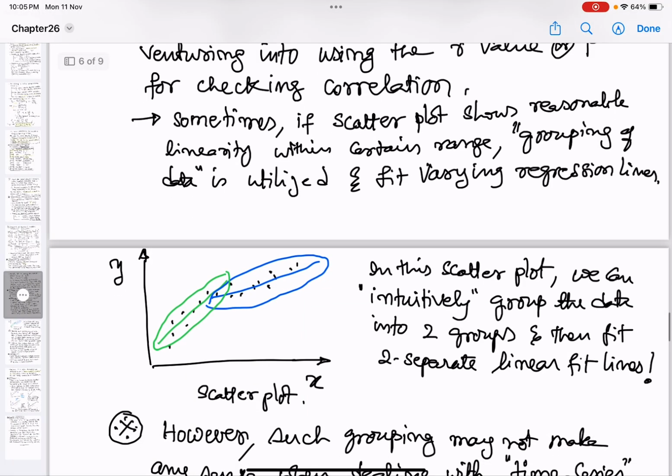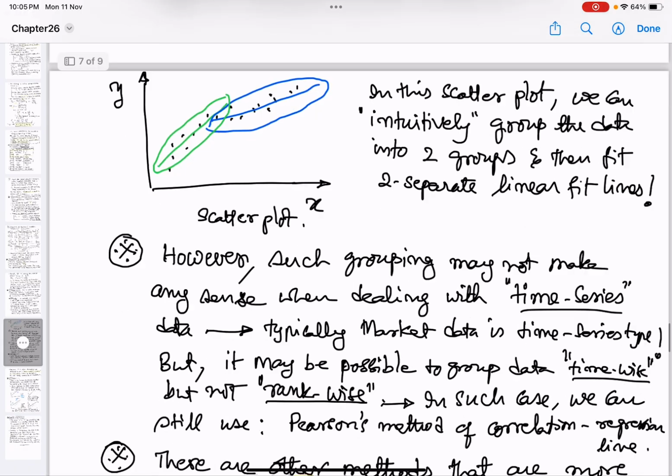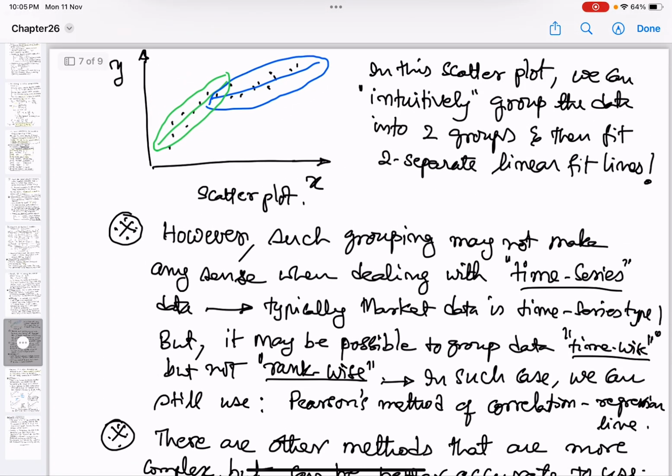So sometimes if the scatter plot shows reasonable linearity within a certain range, grouping of data is utilized and we fit varying regression lines. So look at the diagram which is there. In this scatter plot, we can intuitively group the data into two groups, and then we can fit two separate linear lines. However, such grouping may not make any sense when dealing with time series.